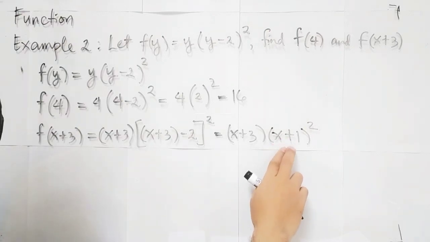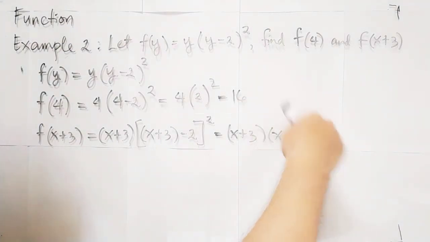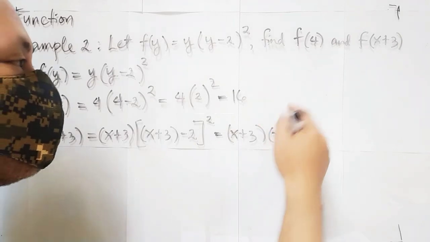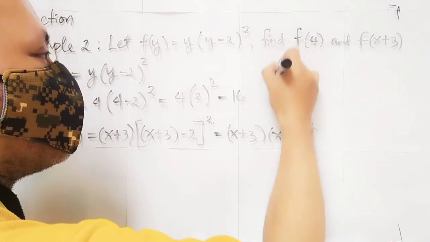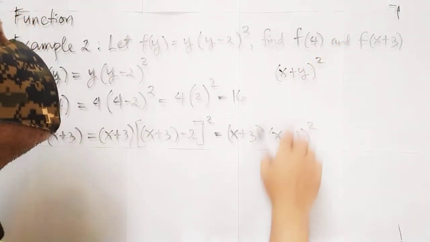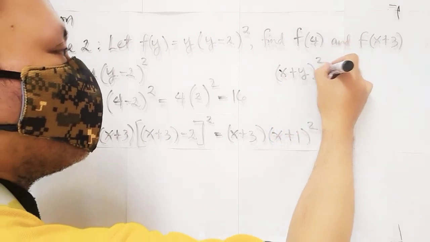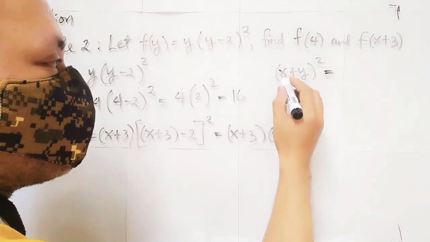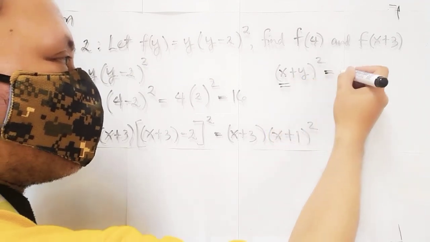Now for this case, we will expand because this is x plus 1 raised to 2. For the expansion of a binomial, say for example, we have (x plus y) squared. To expand it, we first multiply x by itself: x times x equals x squared.